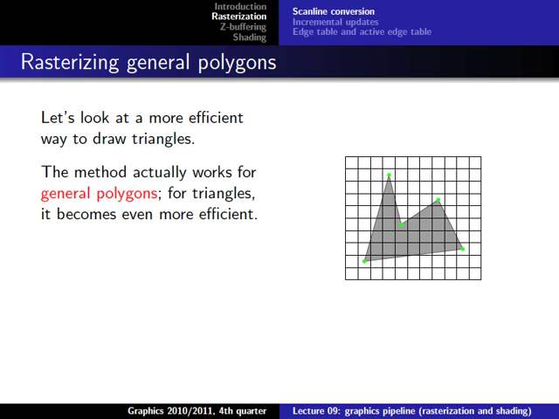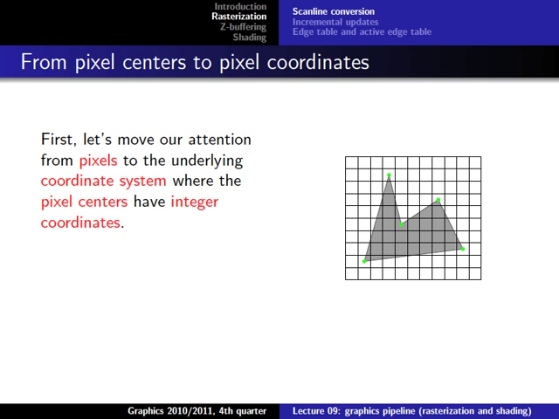So we look at the general polygon now, like in this example here. Now you remember, if you look at the image, you see that the pixel is in the center of the grid. You remember we had this when we did the windowing transformation, that a pixel is always at the center.